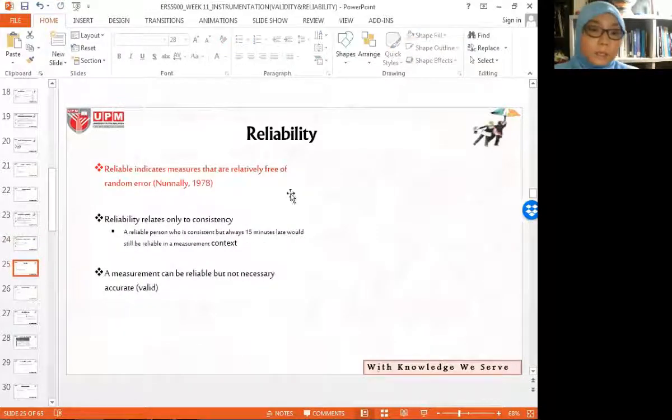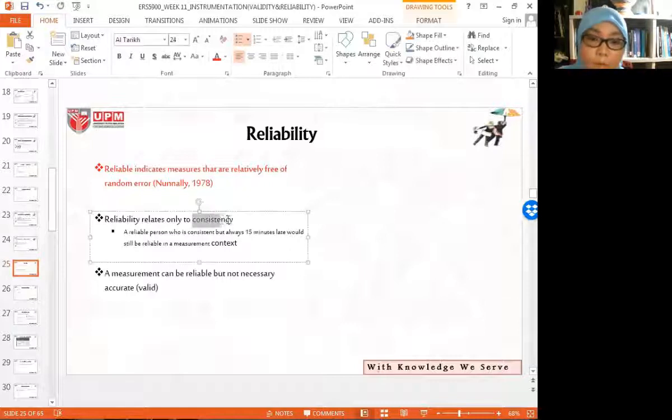Reliability in general indicates a measure that is relatively free of random error. It is related to the consistency of the instrument. Reliability relates only to consistency. That is its criterion. A reliable person is consistent but always 15 minutes late.